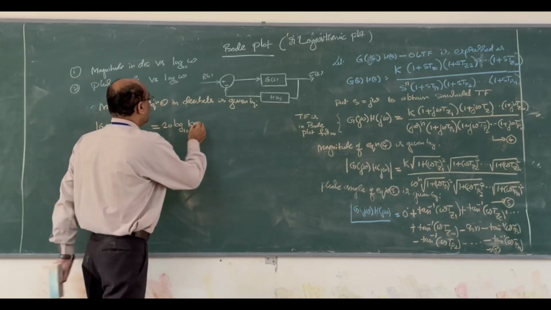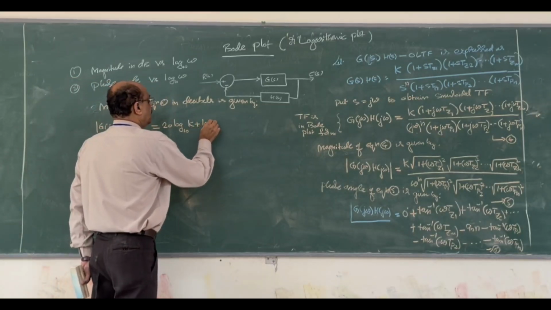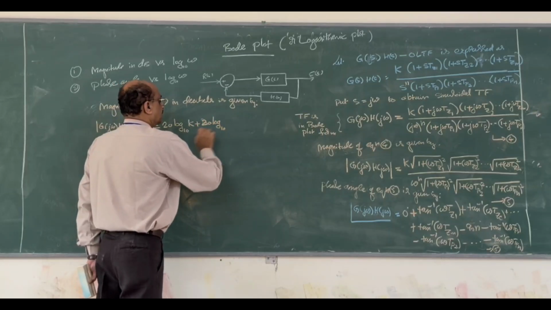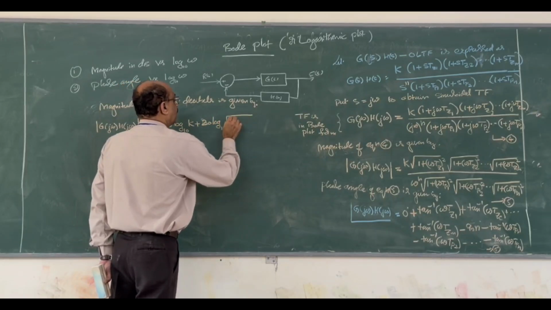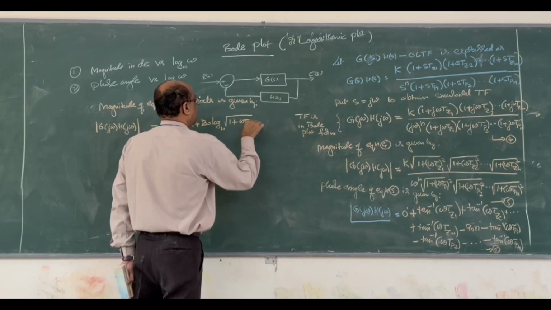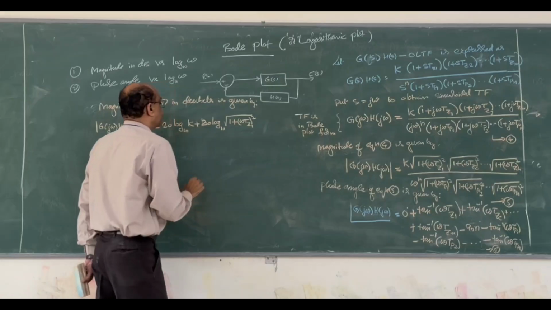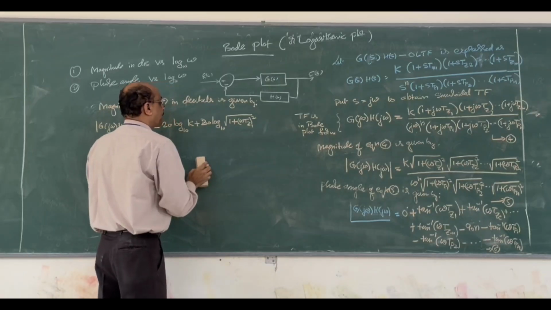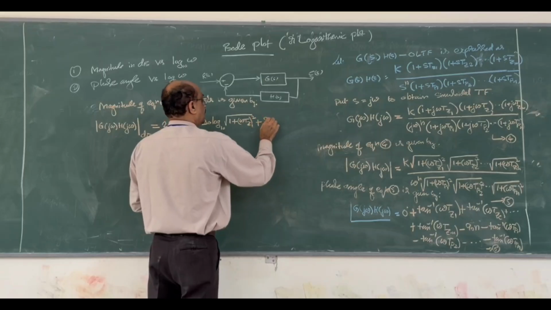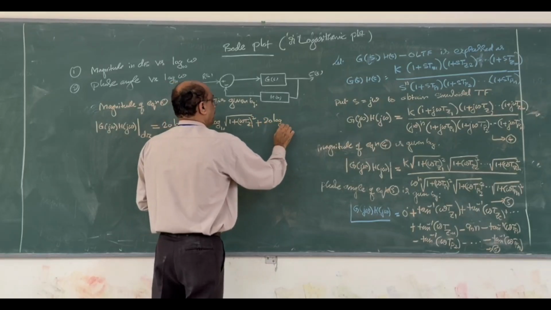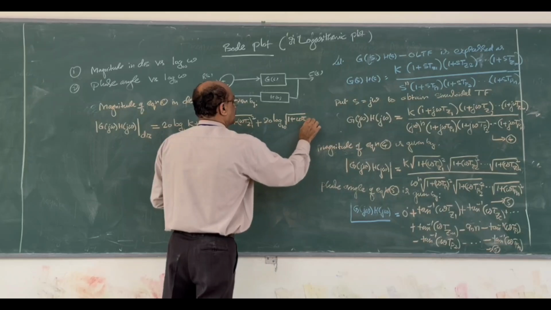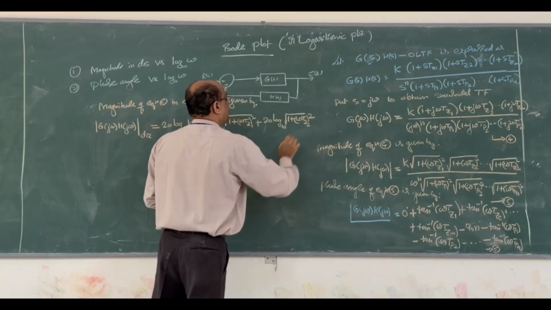Next, plus 20 log base 10 root of 1 plus omega T z1 whole square, plus 20 log base 10 root of 1 plus omega T z2 whole square.